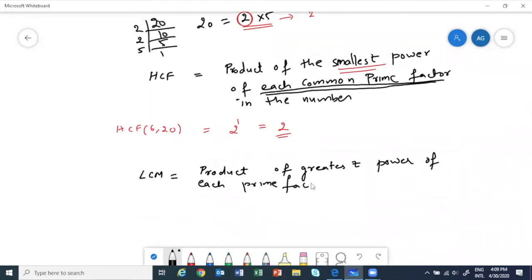Now this is the key word here: each prime factor involved in the numbers.